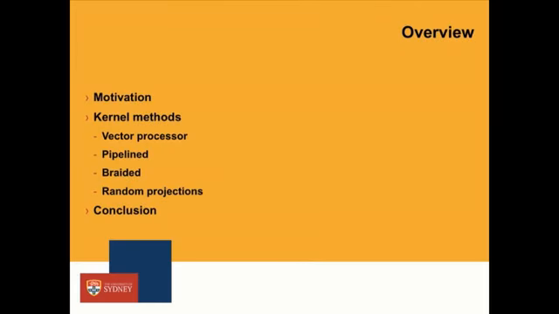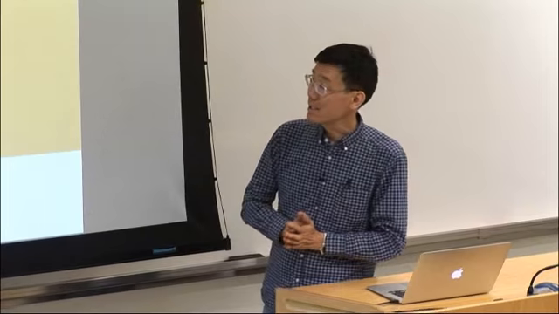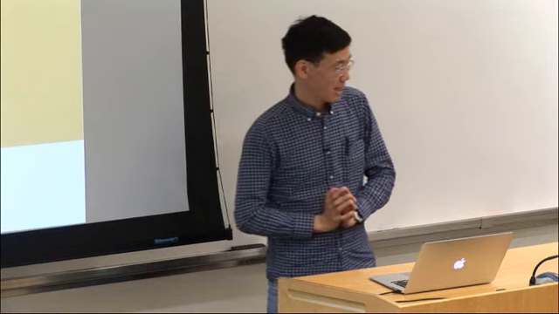So let me get to the talk for today. And that's on simultaneous learning and prediction in a kind of constrained environment. And I'll start by giving some motivation about why we would want to do this. And I'll actually talk about three different architectures that we've developed to do this.